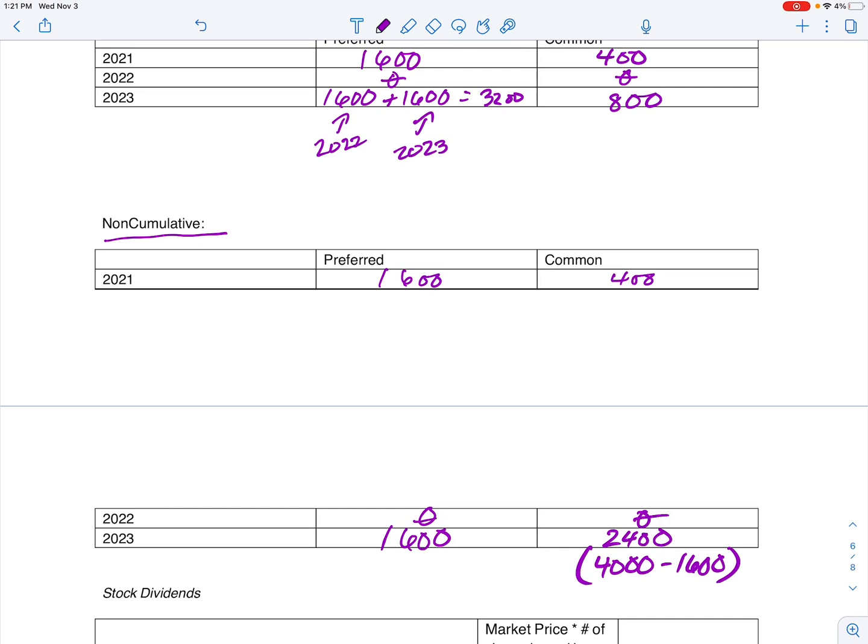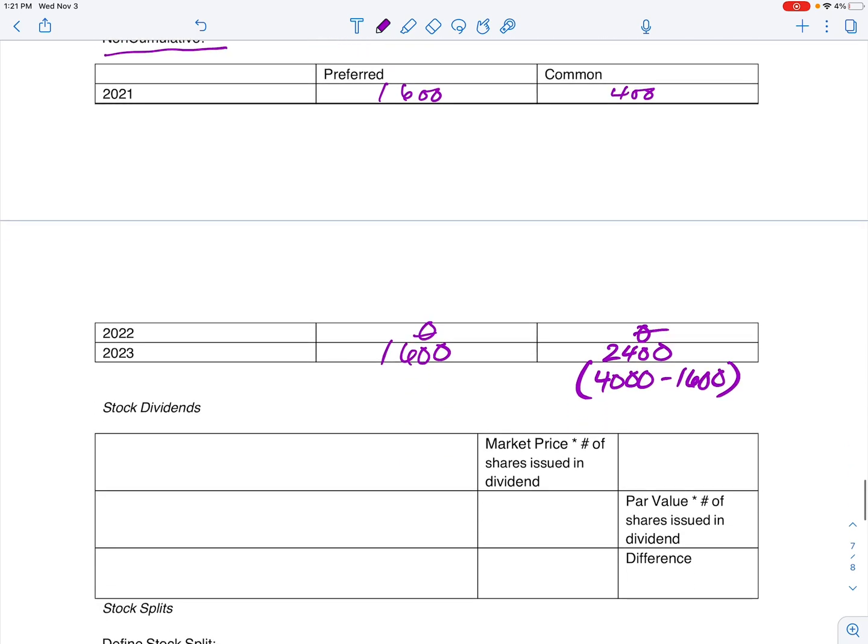When I go ahead and record my stock dividends, because you don't always get paid in cash, sometimes you get paid in dividends, and that's same kind of thing where we just record stock dividends instead of cash.